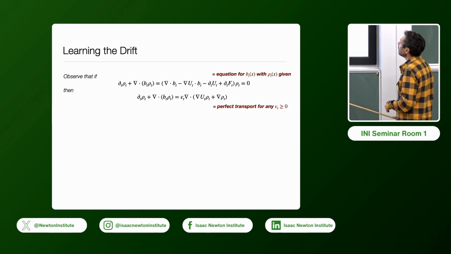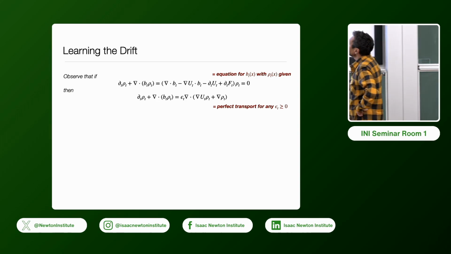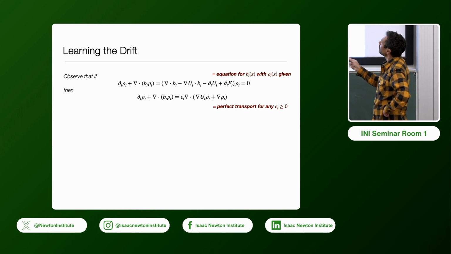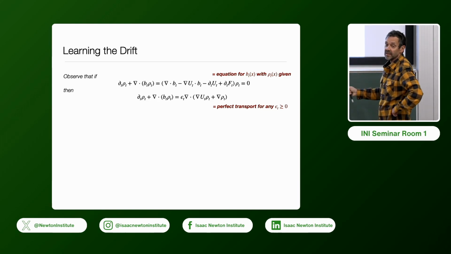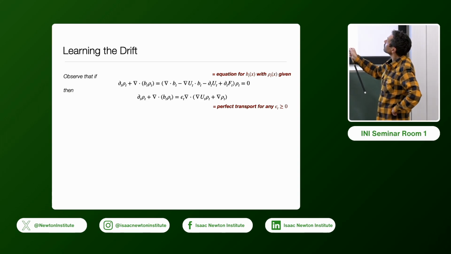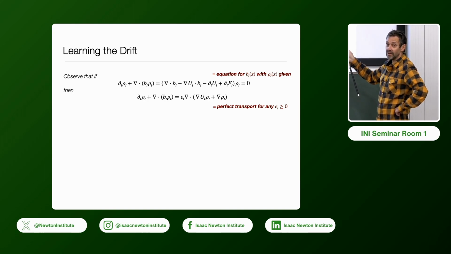Okay, so, well, observe that this is equal to this again using the form, these two. The first equality is simply because we know rho. But suppose that we impose that this is equal to 0. Okay?